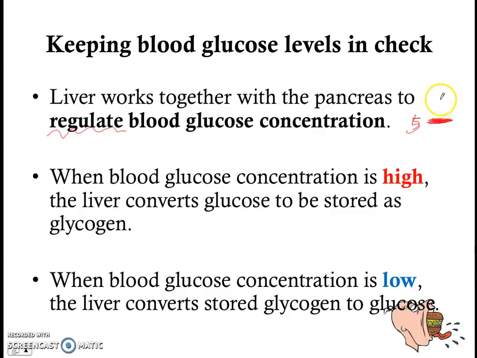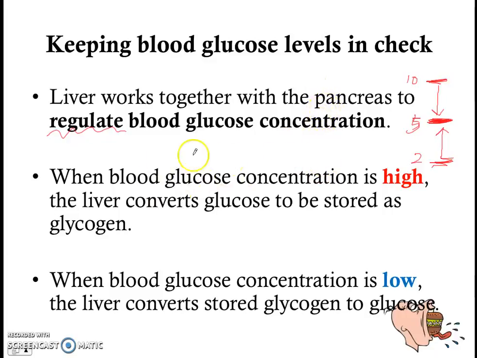If my blood glucose level goes too high, about 10 units, the liver works to bring it back down again to 5. If the blood glucose level goes too low, like maybe about 2 units, then the liver works to bring the glucose level back up to 5. So the liver helps to regulate the blood glucose concentration.